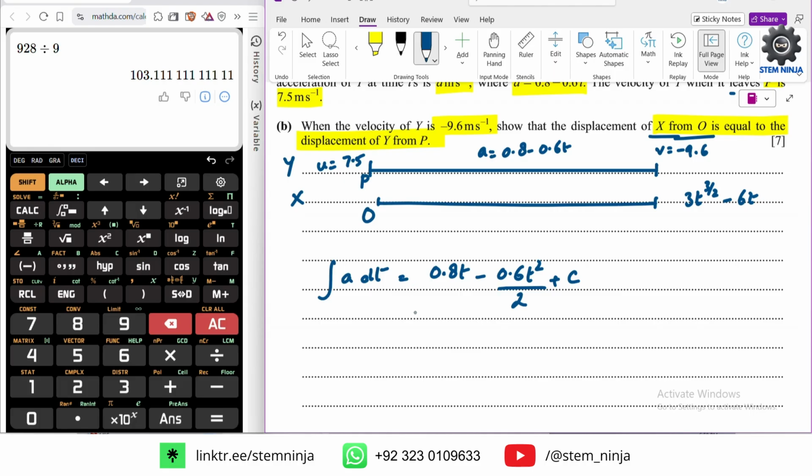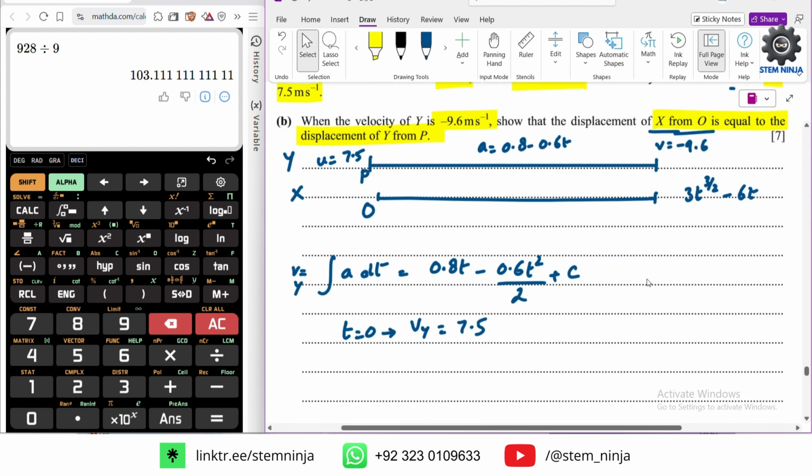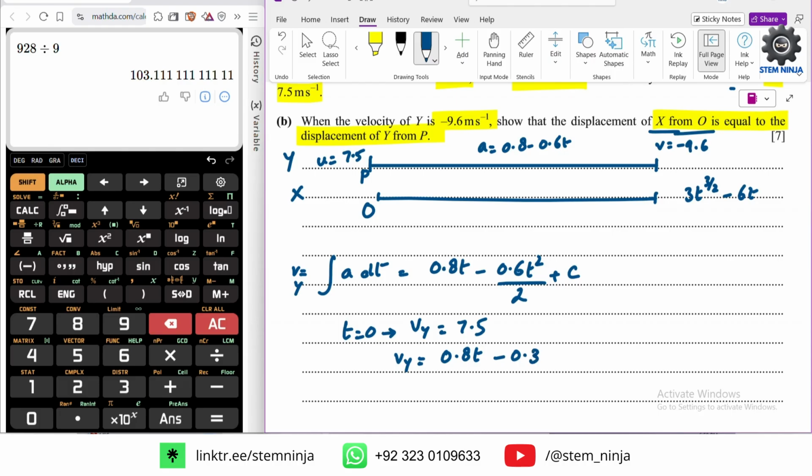So at t is equal to 0, v of y is 7.5 meters per second, right? So therefore the v of y becomes 0.8t minus 0.3t squared plus 7.5.